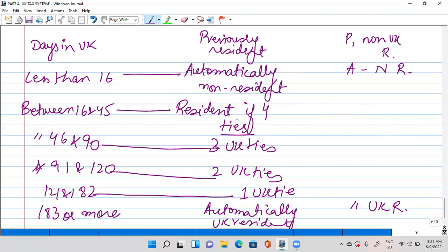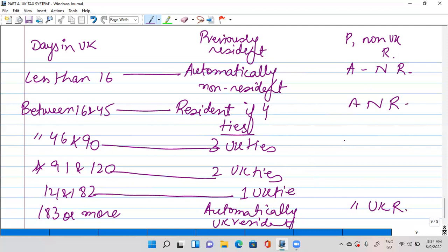Between 16 and 45 days, if previously he has been resident, we will go for four ties. But if previously he has not been a resident, so non-UK resident, and he's spending 46 to 90 days, we will consider him a resident if 3 UK ties meet.